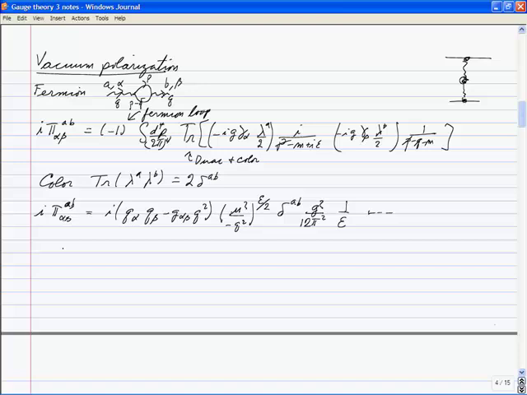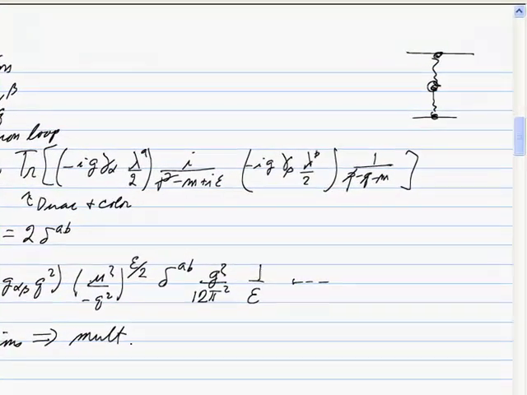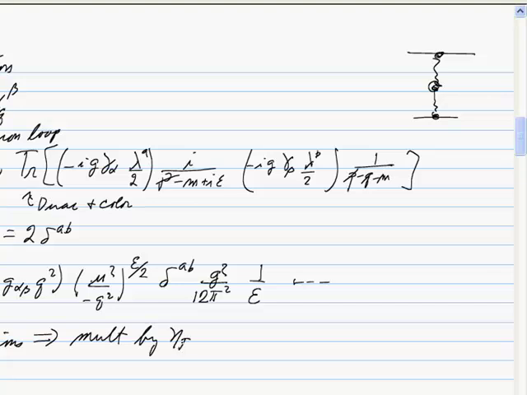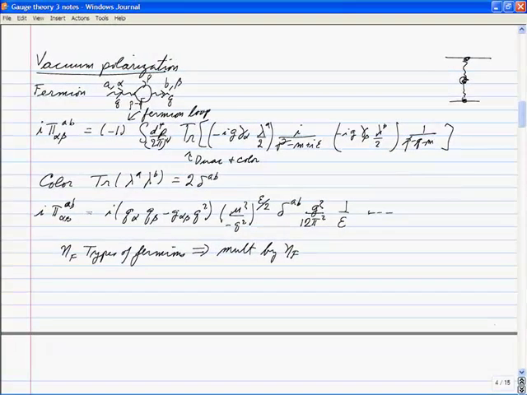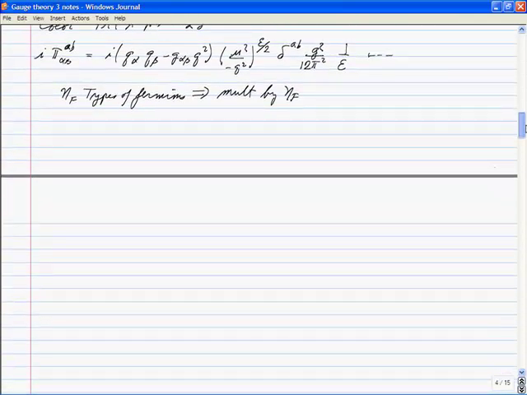If there are NF types of fermions, we get an extra factor of NF, and I'll carry that along. There are lots of these. These are anything in the fundamental representation.